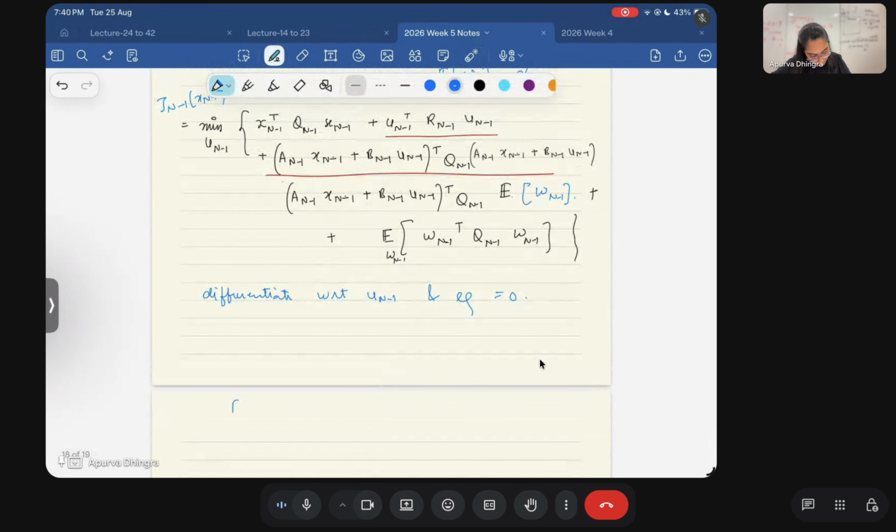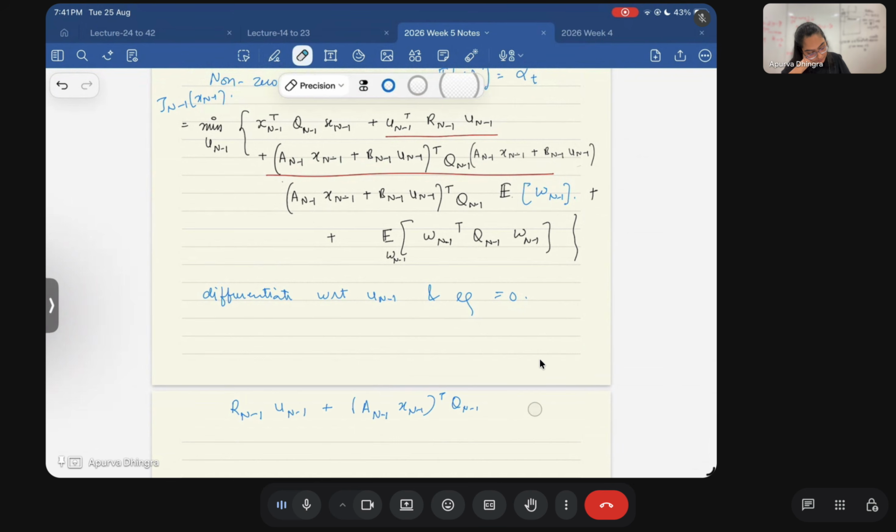I'll get Rn minus 1 un minus 1 plus An minus 1 xn minus 1 transpose Qn minus 1 Bn minus 1 un minus 1.